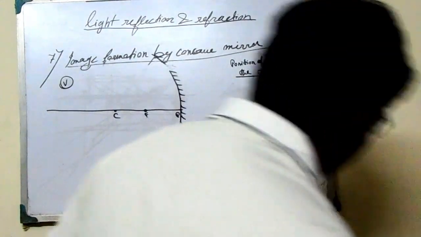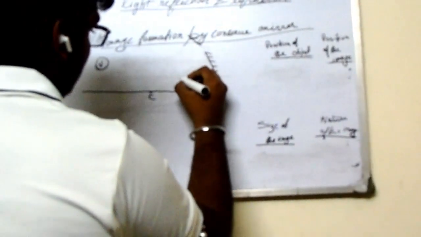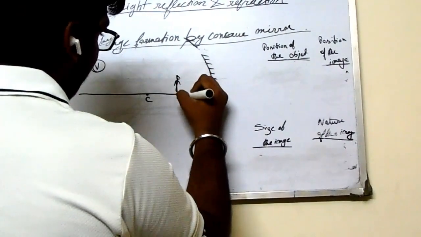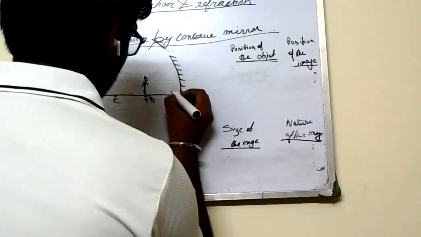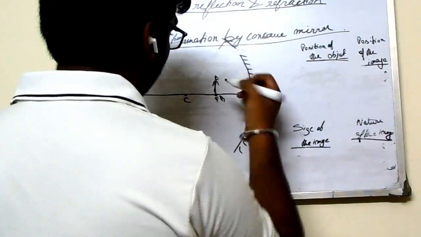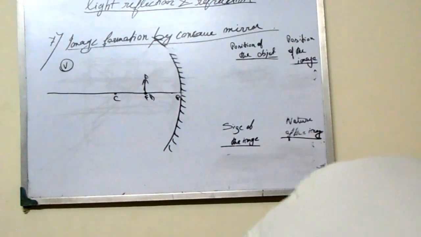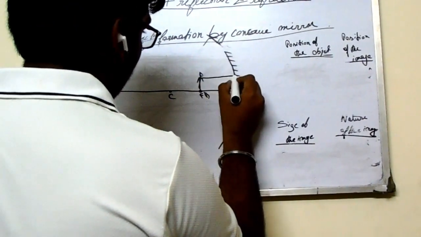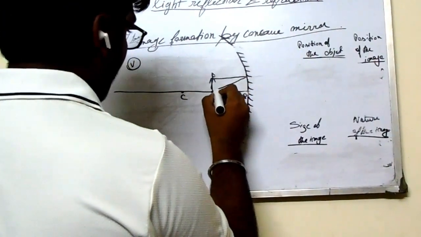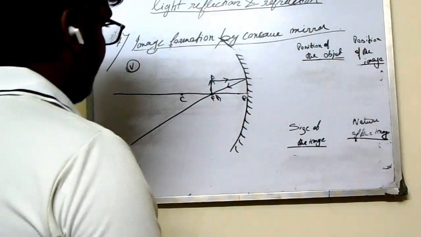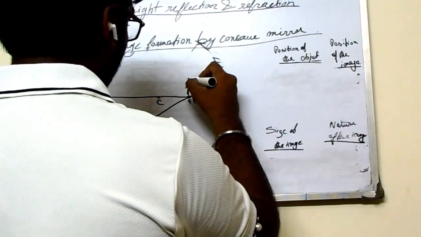Now in this fifth case, we will see the object is present at F. Okay, so the second ray, the first ray.